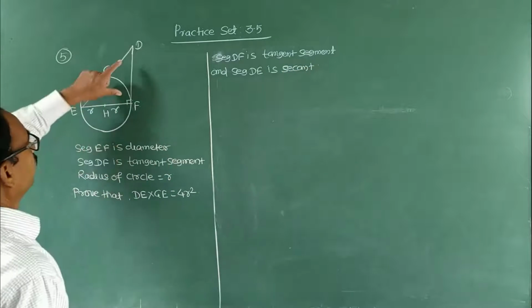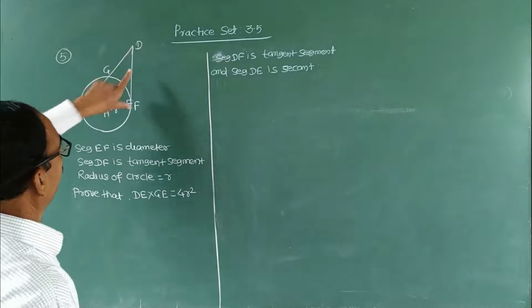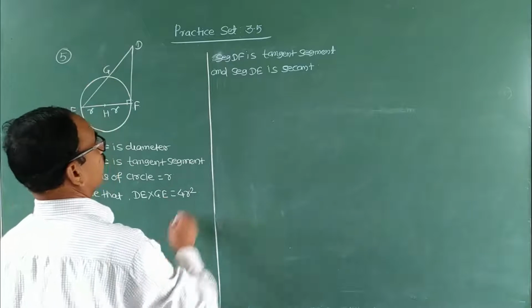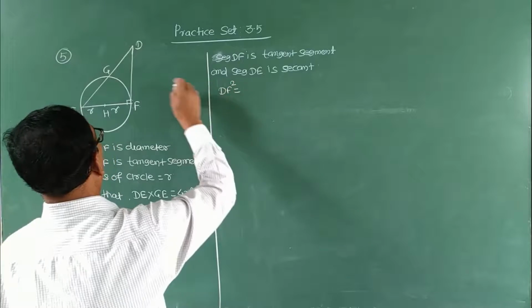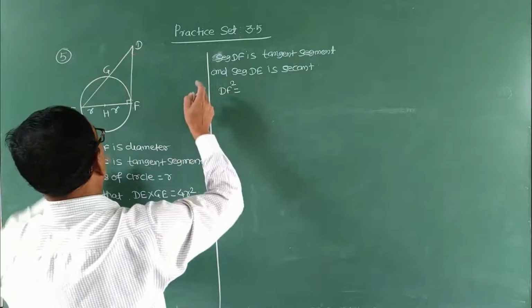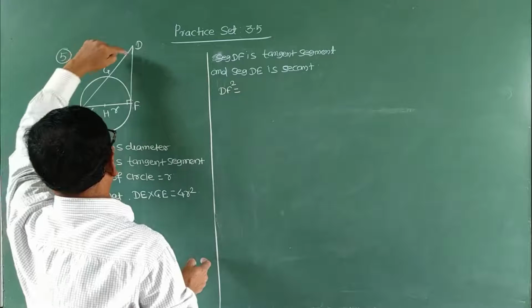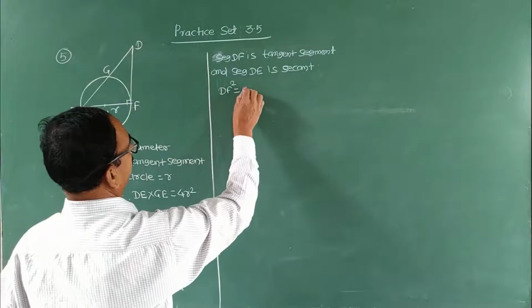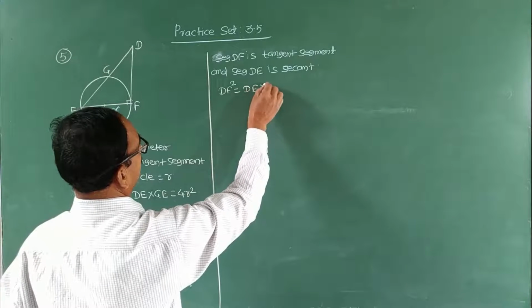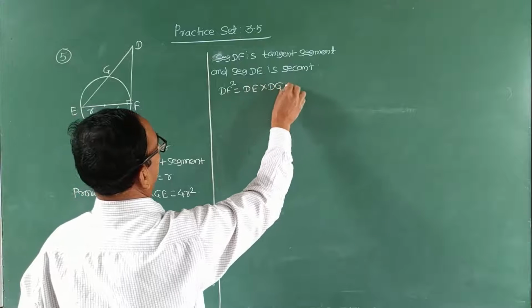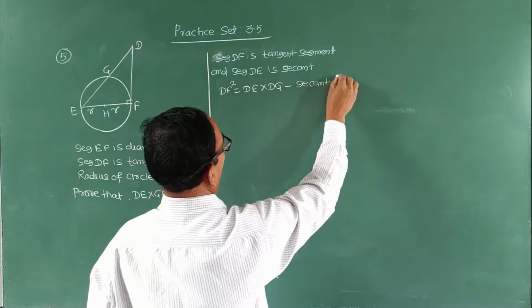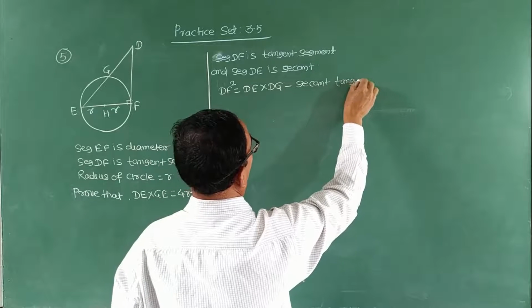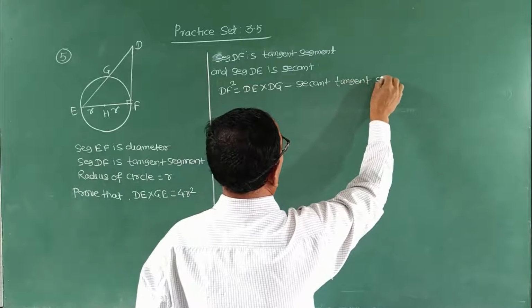So we can use the theorem: DF square will be equal to DE into DG, and this is by the secant tangent segment theorem.